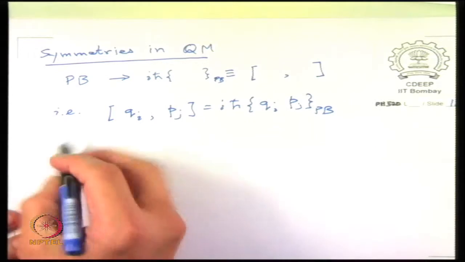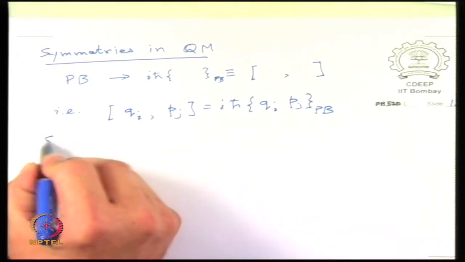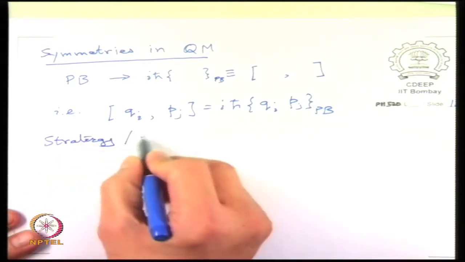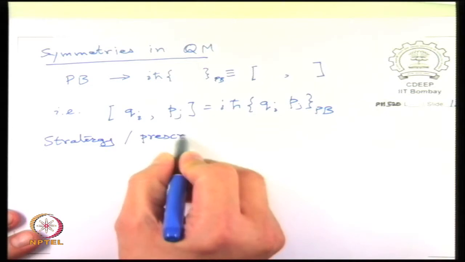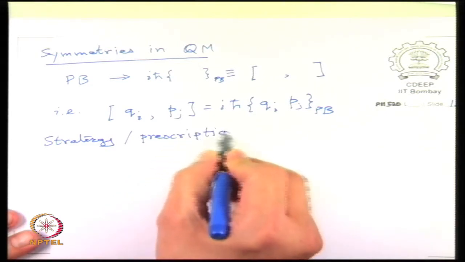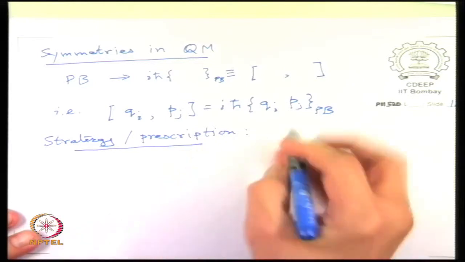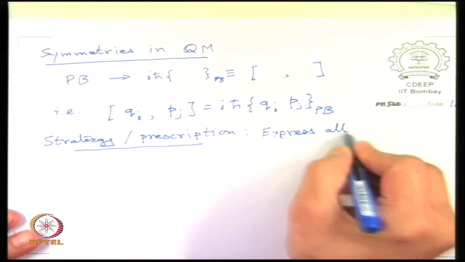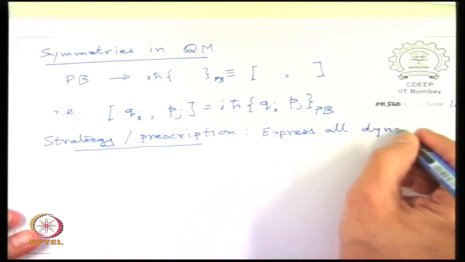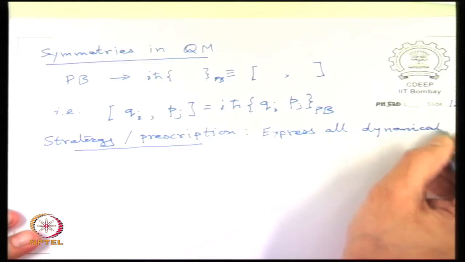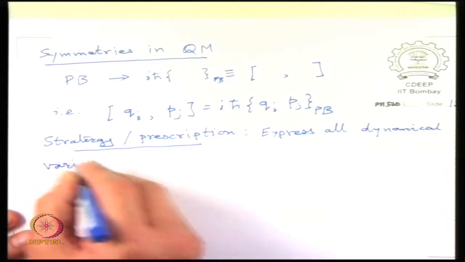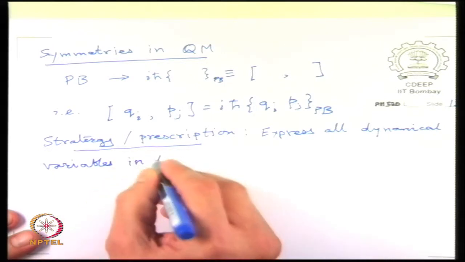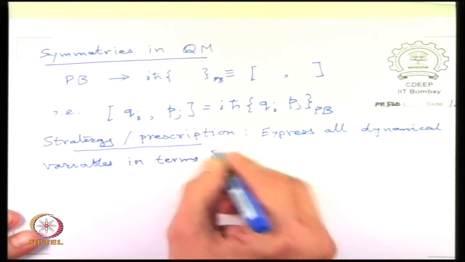And this is in general true for any variables, but the strategy cum prescription of quantum mechanics is: express all dynamical variables in terms of the canonical ones.